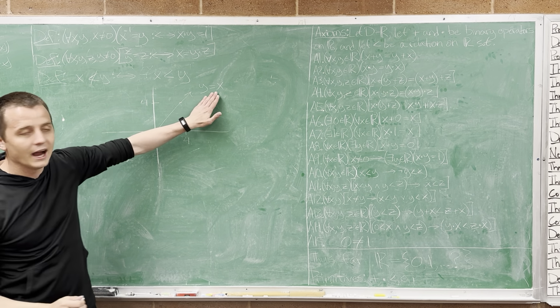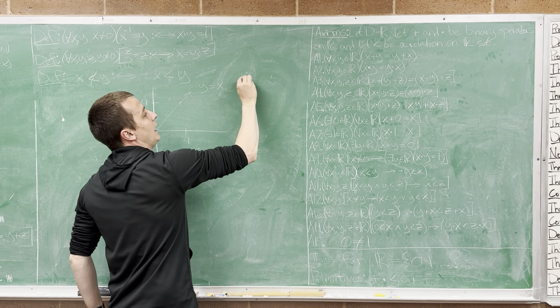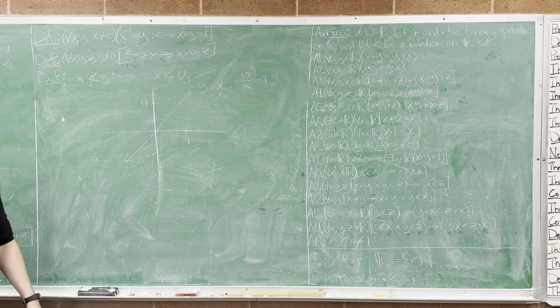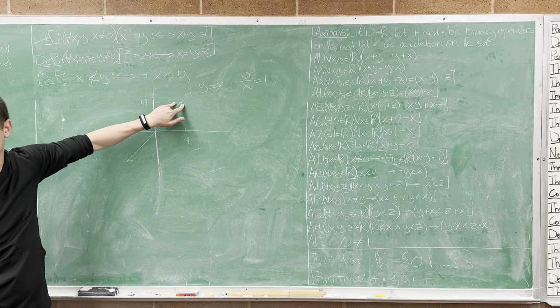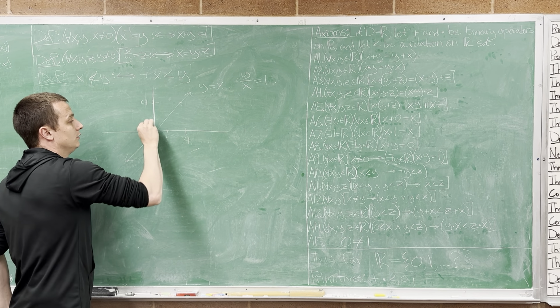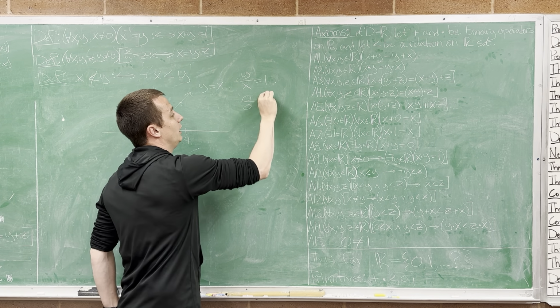So this is a line with slope 1. Divide both sides by x, and this is a line where everywhere on the line y divided by x is equal to 1. You plug in 4, 4 over 4 equals 1. You plug in 1, 1 over 1 equals 1. It goes through the origin, 0. 0 over 0 is equal to 1. So then you get 0 over 0 equals 1.